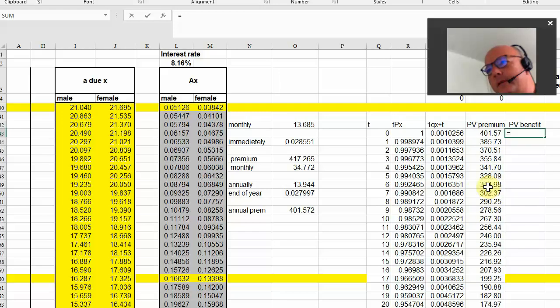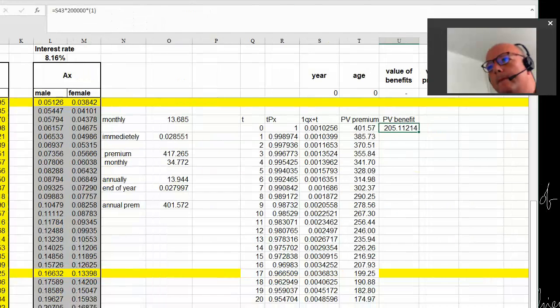So the probability of death in the first year is equal to that, times by 200,000, then times by 1 over 1.04 to the power of that plus 1.